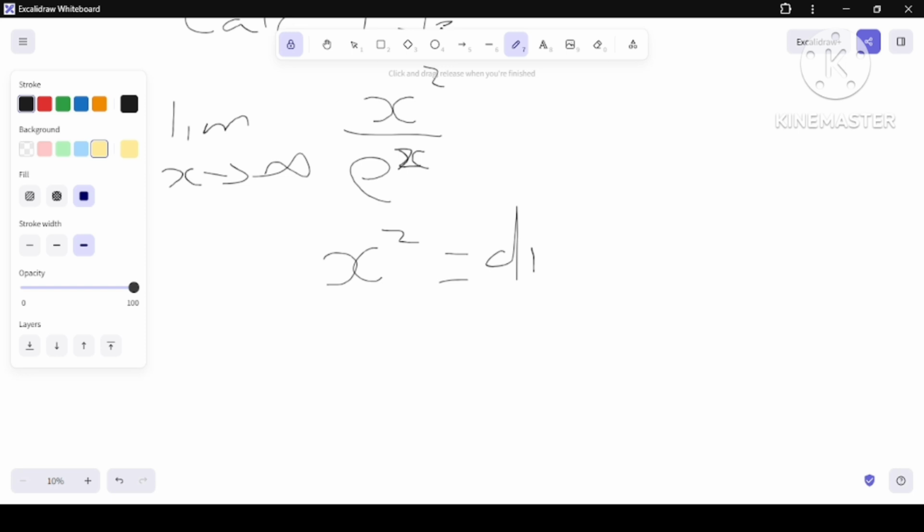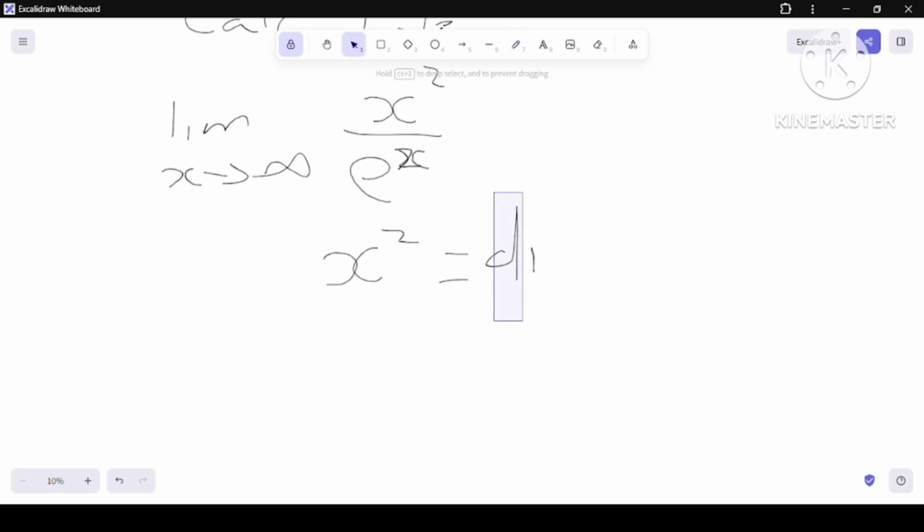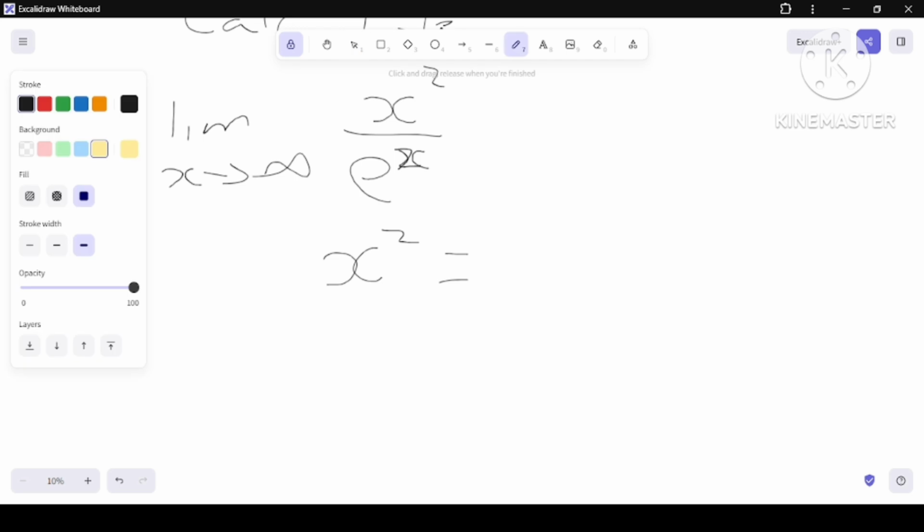The first derivative of x squared is equal to 2x. Then let's go to e to the power of x.